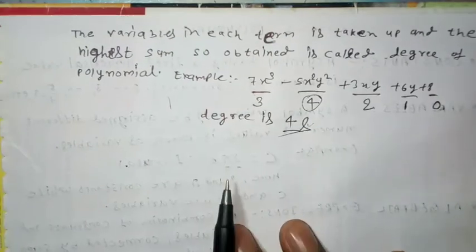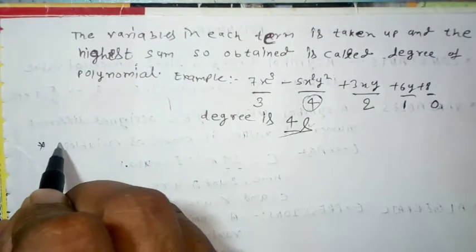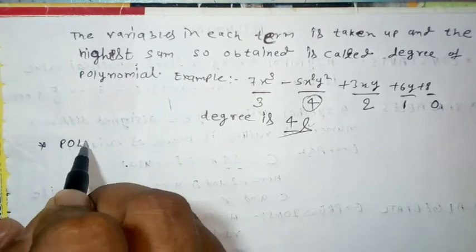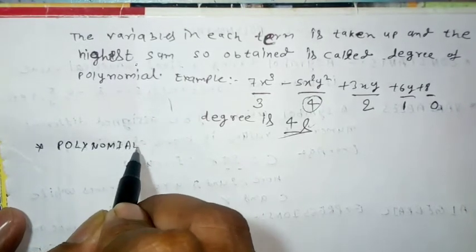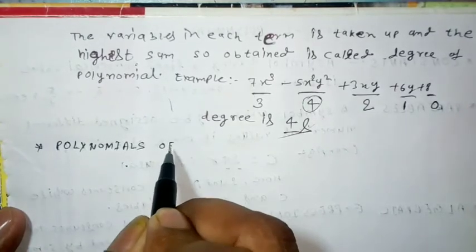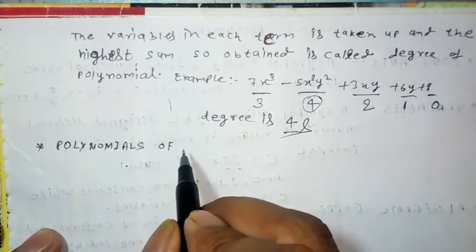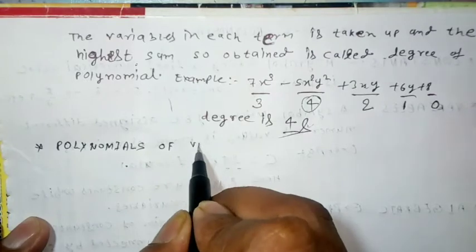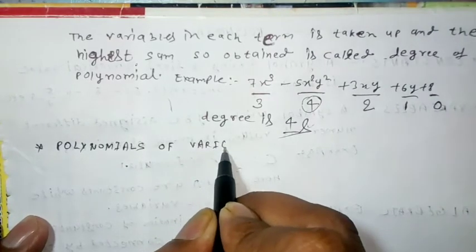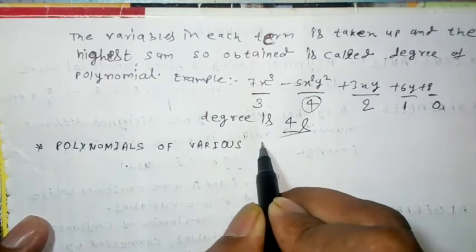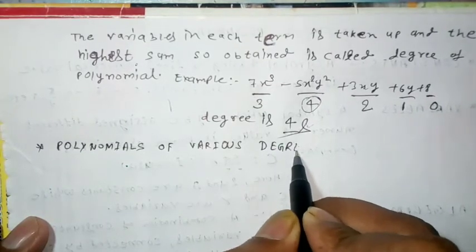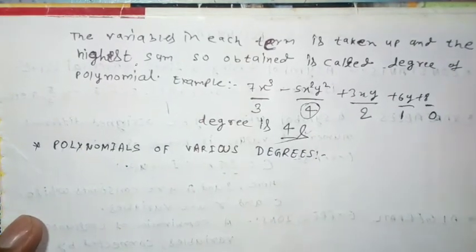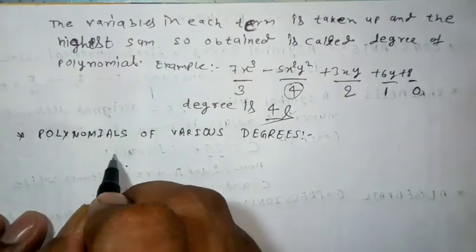Okay, now the next term, polynomials of various degrees. Okay, 1.